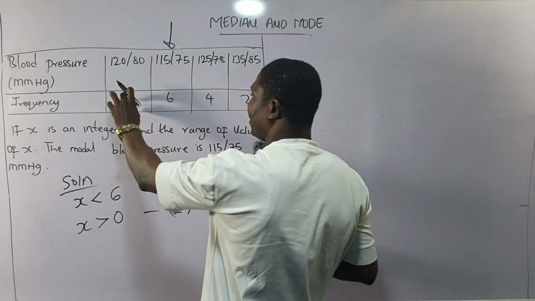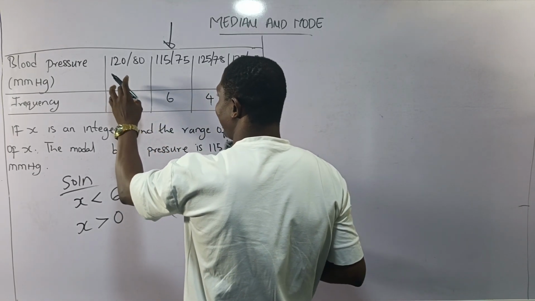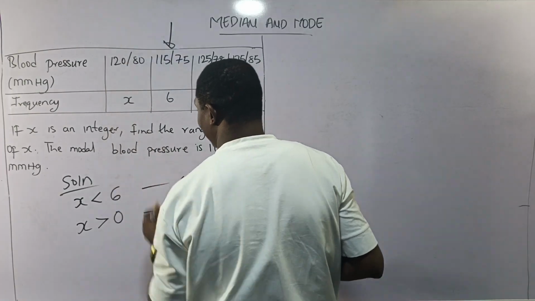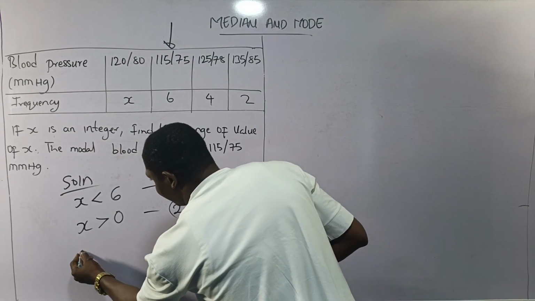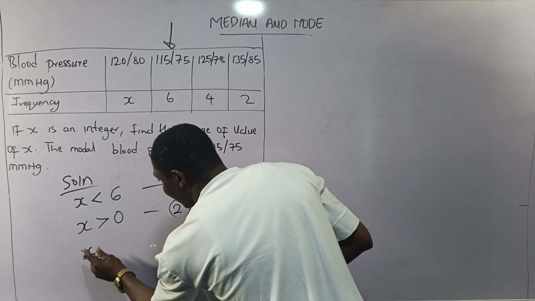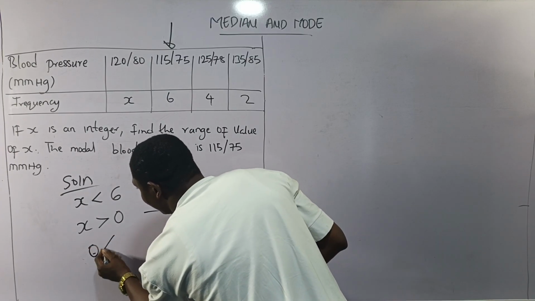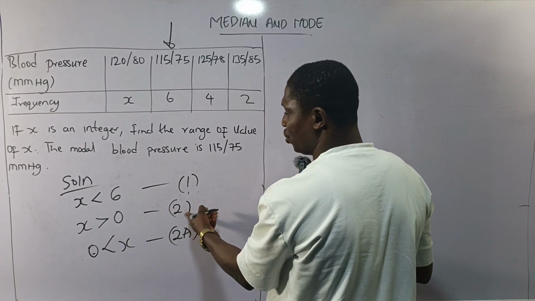If it exists, that's why x is here. If it does not exist, then you won't see this here. So this can be written as 0 less than x, as this becomes equation 2a, because we got it from equation 2.